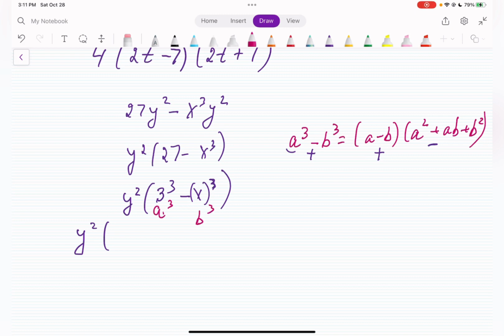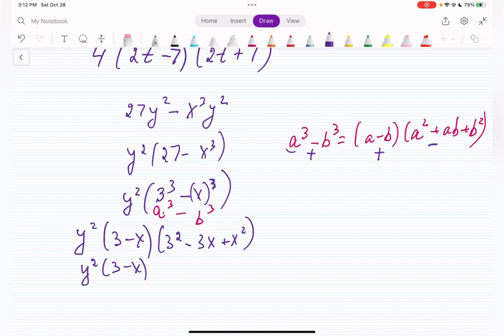So a cubed minus b cubed is equal to a minus b, which is going to be 3 minus x. And then a squared, meaning 3 squared, minus ab, 3 times x, and then plus b squared, plus x squared. So from here, y squared times 3 minus x times 3 squared is 9 minus 3x plus x squared.